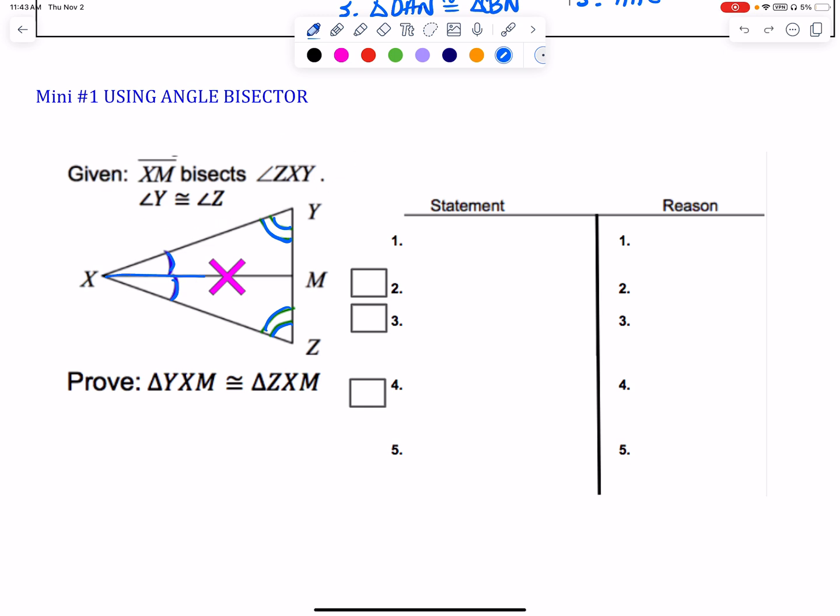We see that XM is the reflexive side, it's the shared side, so XM is congruent to XM. So my triangle congruence shortcut will be ASA. Remember that X means a reflexive side. So I'm going to write ASA.